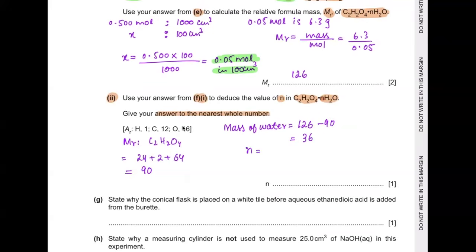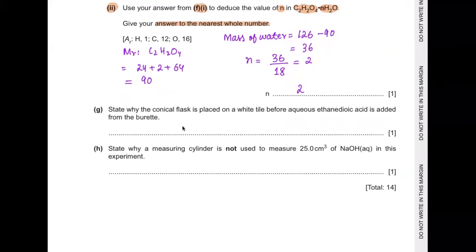So n is the moles, and moles is equal to mass upon MR. 36 is the mass of water, MR of water is 18. 36 divided by 18, so we will get the value of n, that is 2. Is this clear? Yes, sir. Any confusion? No.